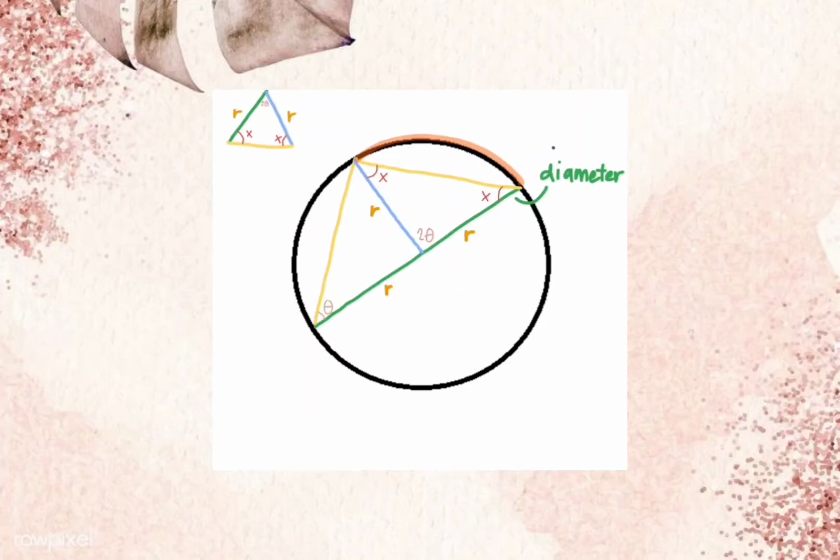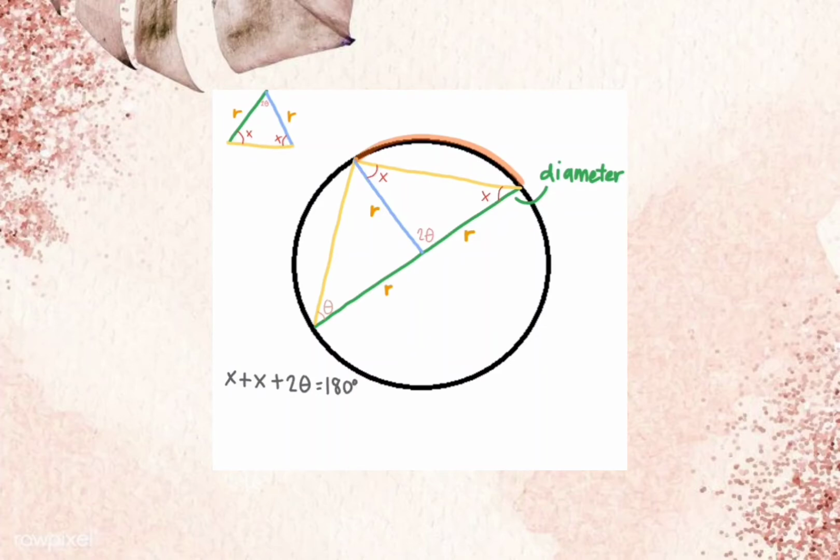So, x plus 2 theta has to equal 180 degrees since it is an isosceles triangle. So we're going to write it down. X plus 2 theta equals 180 degrees.